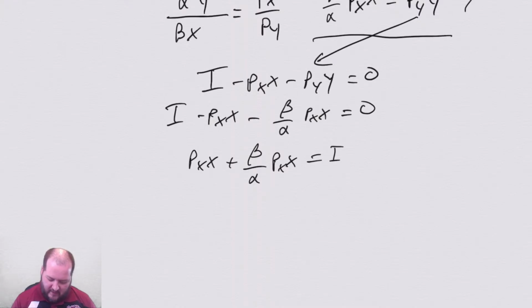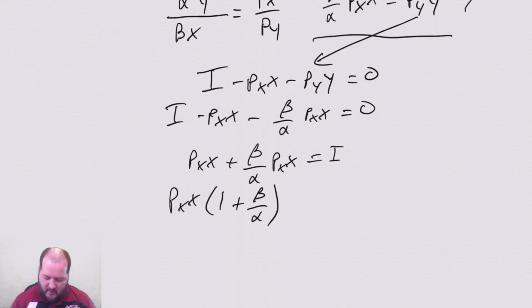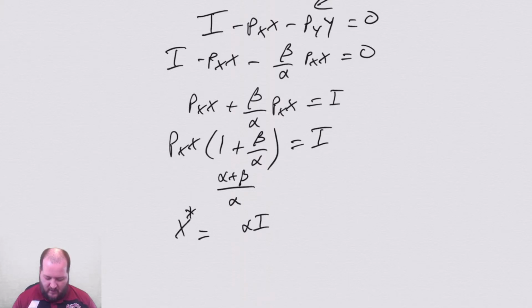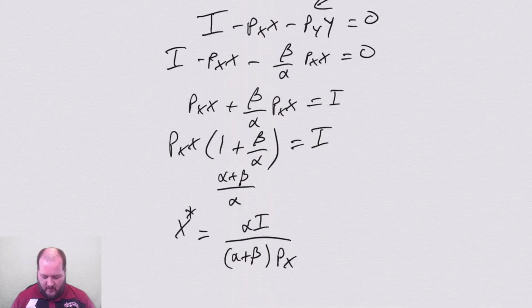I'm going to get PXX times 1 plus beta over alpha equals I. This is just alpha plus beta over alpha. That's all that is right there. And so now I can divide both sides by PX, multiply both sides by alpha, and I get X star equals alpha I over alpha plus beta in parentheses PX. And there we have it right there.